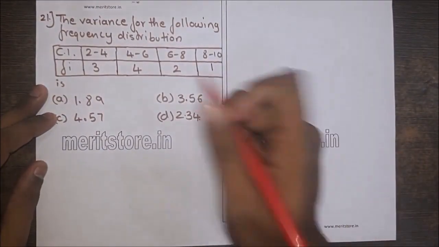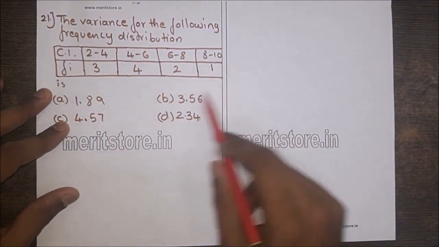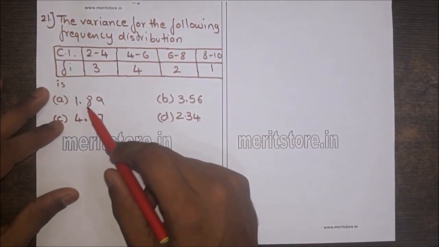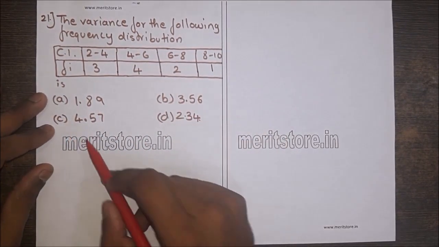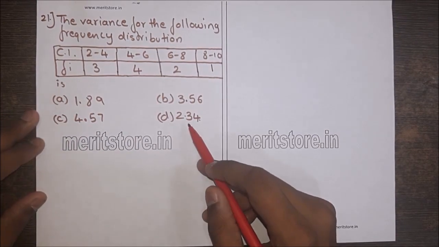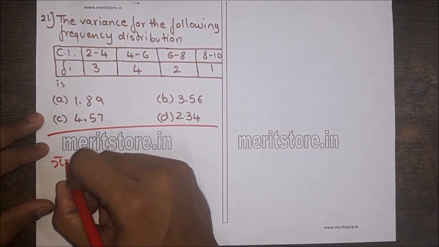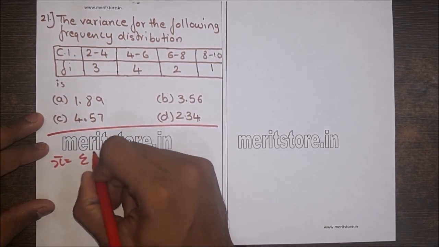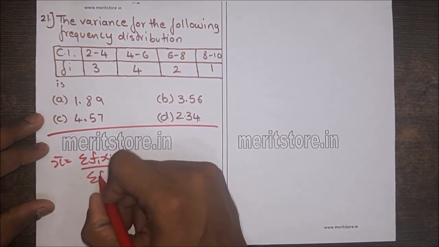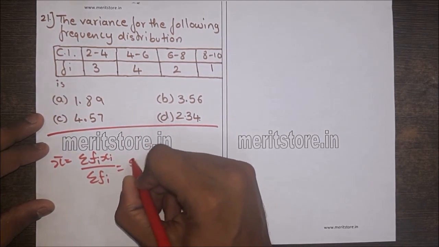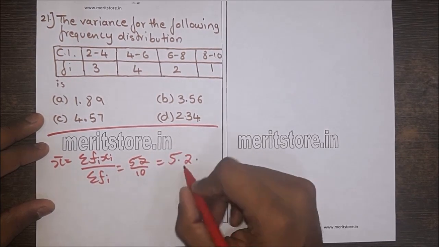The variance for the following frequency distribution, the table is given here, is A 1.89, B 3.56, C 4.57 and D 2.34. Therefore, we calculate x bar is equal to summation of fi xi upon summation fi, which is equal to 52 by 10, which gives us 5.2.